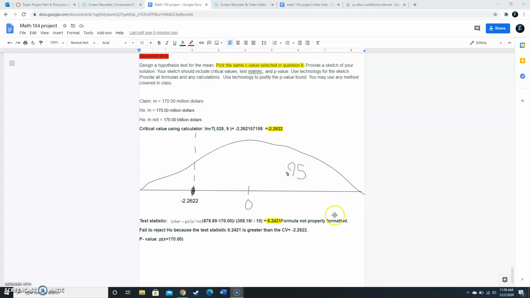I don't have it in here, but it falls well outside of the negative 2.2622, so it fails to reject H0 because the test statistic 6.2421 is greater than the critical value of negative 2.2622.